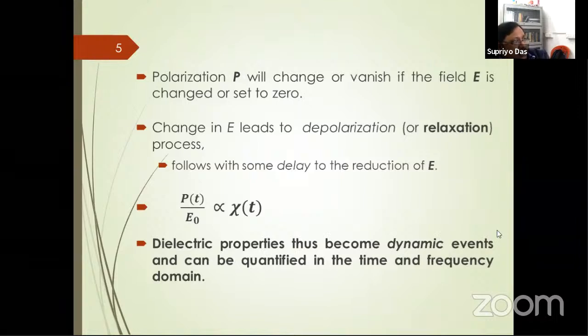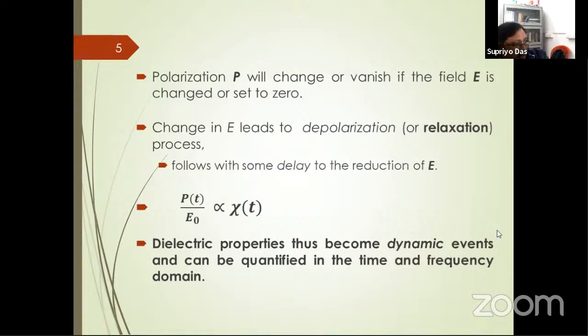Now this polarization by electric field is proportional to the susceptibility of the medium. So any change from input to output will be reflected by the susceptibility.